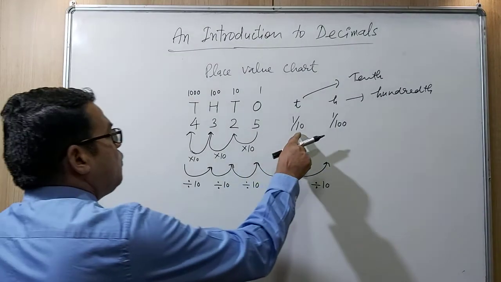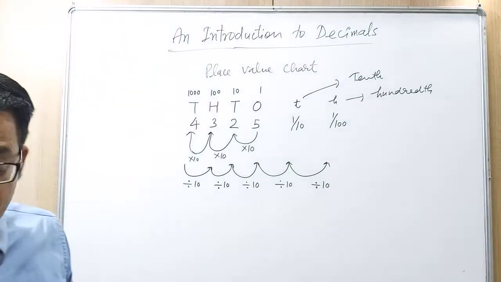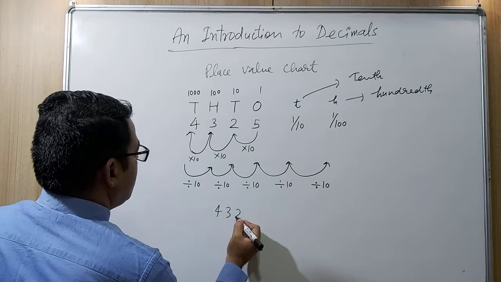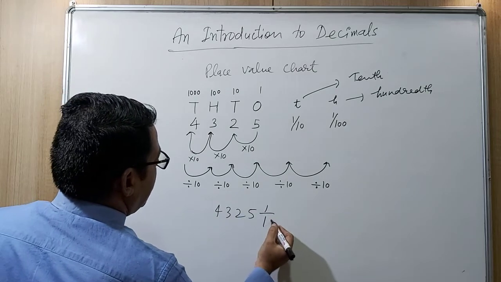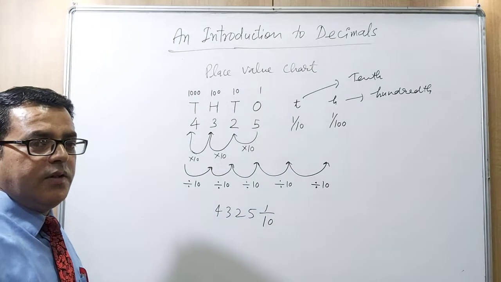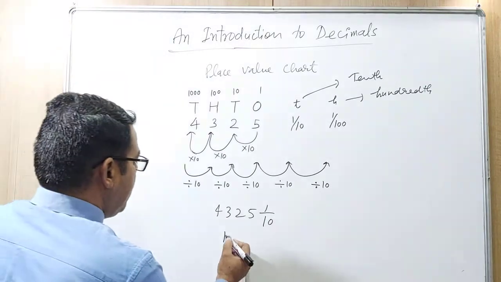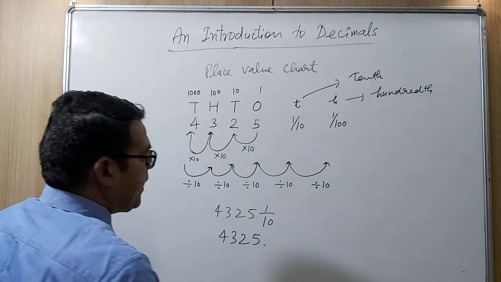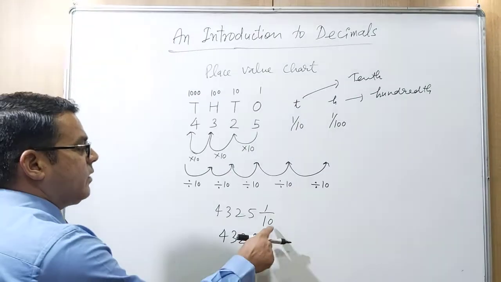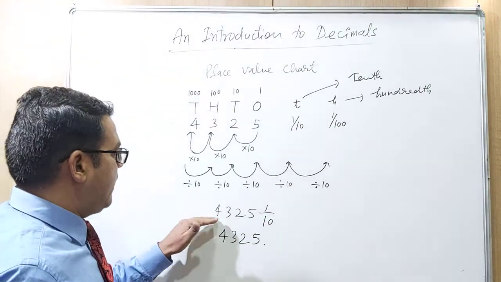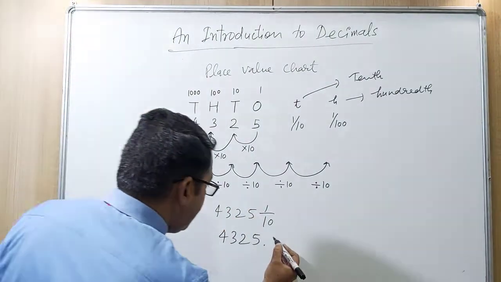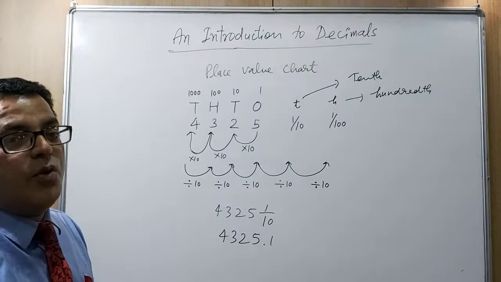Now, what does this 1 by 10 mean? So 4, 3, 2, 5 and 1 by 10 we can write, right? How can we write it in numbers? It is not possible to write 4, 3, 2, 5 whole 1 by 10. So we can write it like this, point 1.